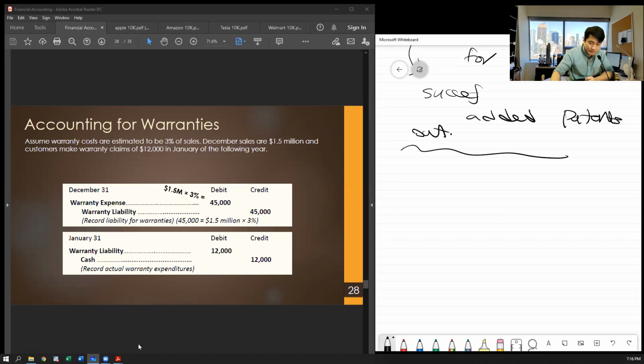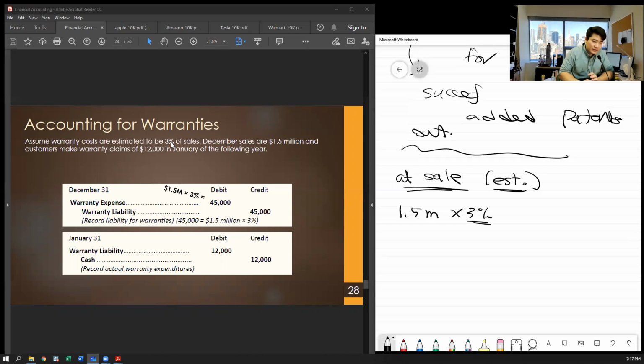So at the point of the sale, you are going to use an estimate to report the liability. Your sale was $1.5 million, and based on the estimates, 3% of it will claim the warranties. So that's $45,000.